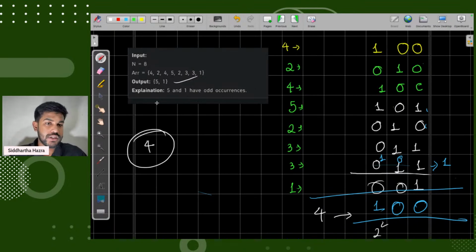If you observe, 4 is nothing but 5 XOR 1. We did it here till 5, 5 XOR 1. Yes, 5 XOR 1 is equal to 4.